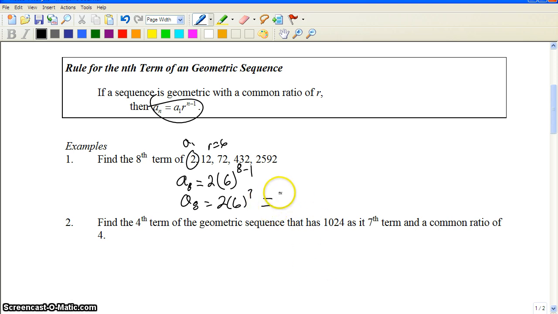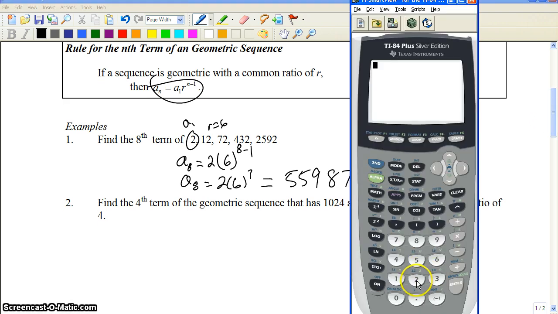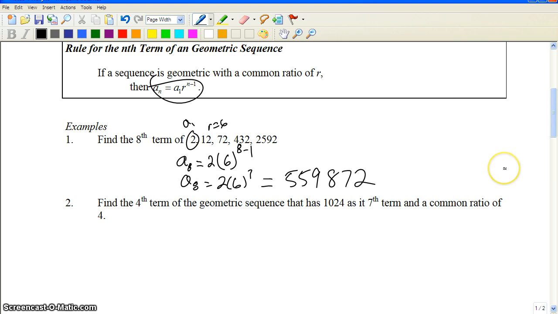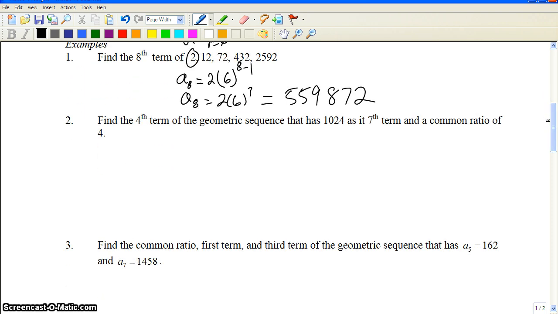The answer? Yeah. 559,872. Is that right? Should I do it? Yep. 72. Okay, so there's the answer for that one. Again, that should feel really similar to the arithmetic sequences that we've done already. It's just a different formula.